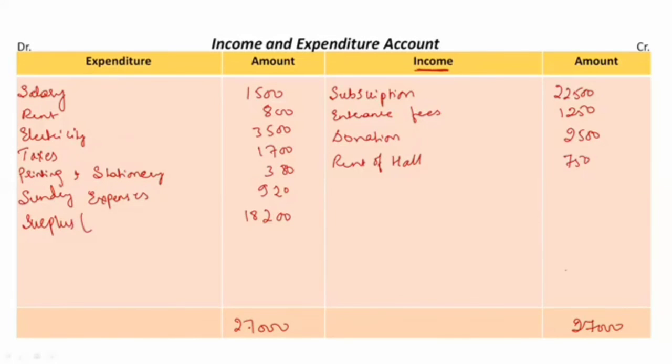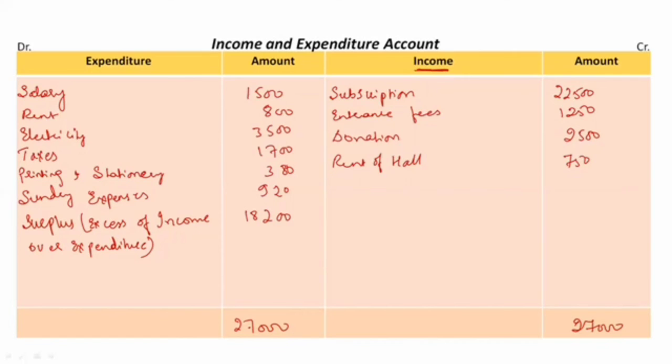So for an NPO, the income is more than its expenditure. So the difference amount is treated as surplus here. You can write it as excess of income over expenditure. And this will be transferred to the capital fund account, or when we prepare the balance sheet, we will add this in the capital fund.